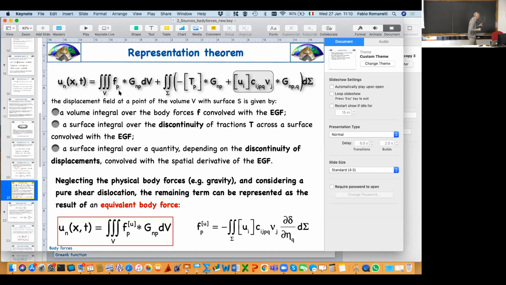So the first term in that equation is referring to gravity. But, you know, I'm lazy. So I start from an equilibrium where body forces are balanced. They are there, but we neglect them in the sense that the effect of gravity as a restoring force is not important for seismic waves.